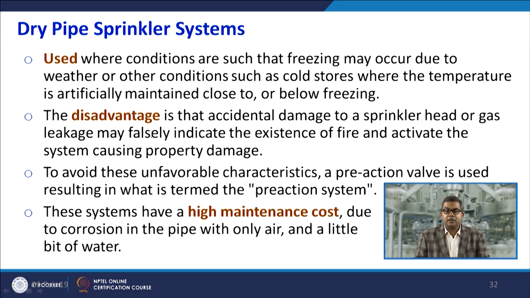So this is one of the serious disadvantages. Now to avoid these unfavorable characteristics, a pre-action valve is used, resulting in what is termed the pre-action system. These systems have a high maintenance cost due to corrosion on the pipe with only air and a little bit of water. That may sometimes be attributed to humidity too.